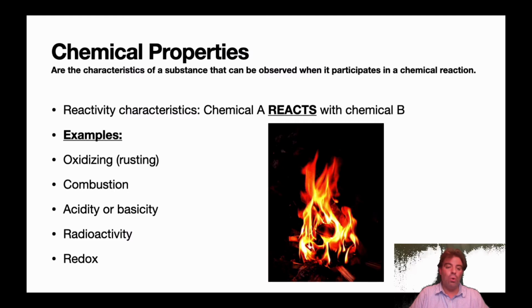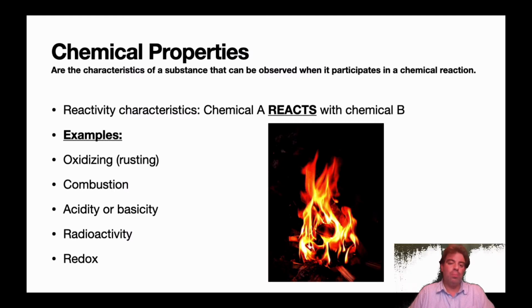These are all reactivity characteristics that must react with other things in order to be deciphered. If you notice the common theme here, properties are always characteristics. They describe something. Physical is something you can look at, feel, smell, or taste. But chemical is something that shows reactivity.